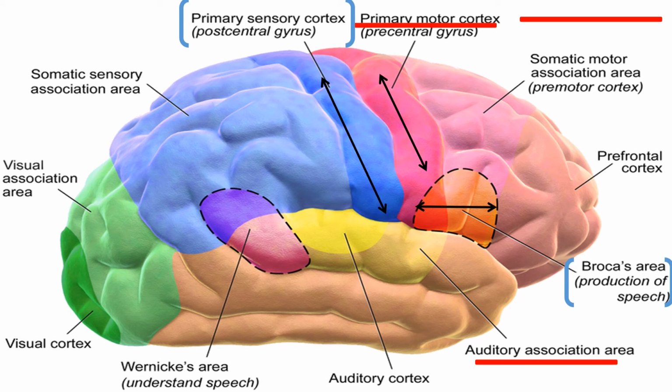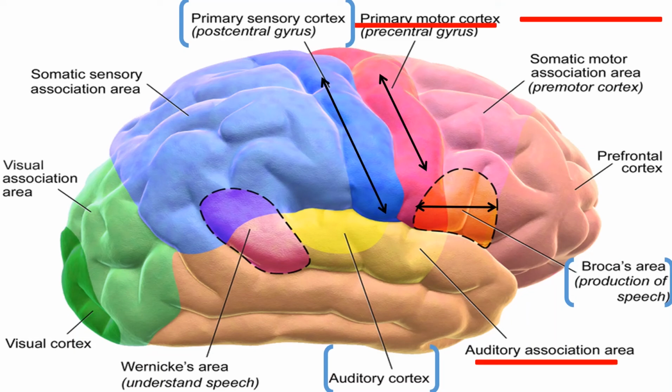When I decide to say a word, the word is being established in this area, Broca's area. It is translated into movements of different structures like the tongue, the larynx, and so on. This is called Broca's area. It is the area of production of speech.